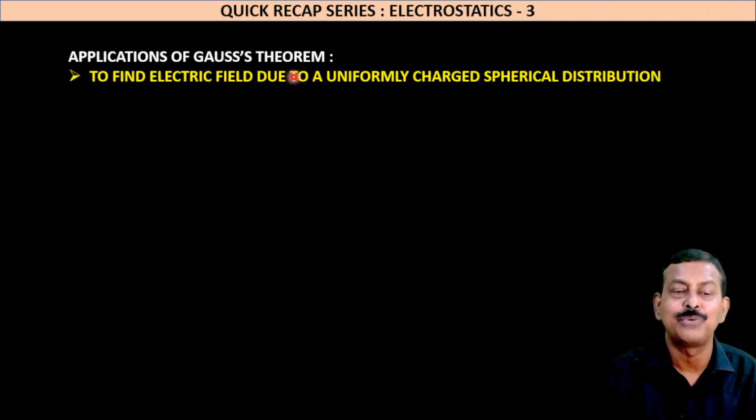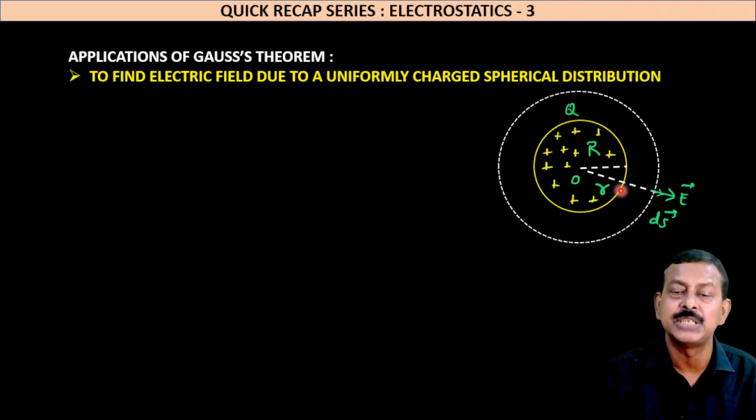Now we want to find the electric field due to a uniformly charged spherical distribution, which may be called a spherical non-conducting charged body. For this, the charge will be distributed all over the volume.